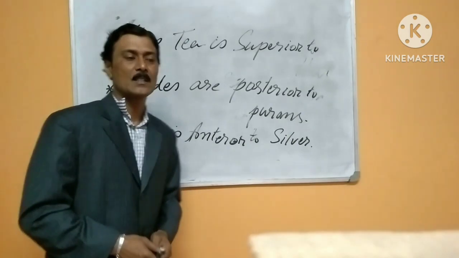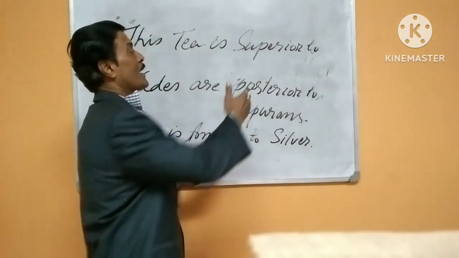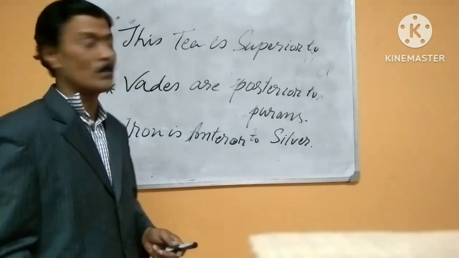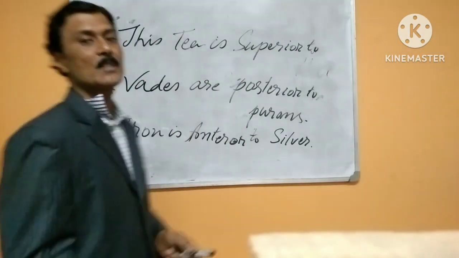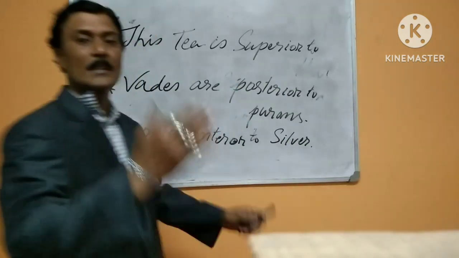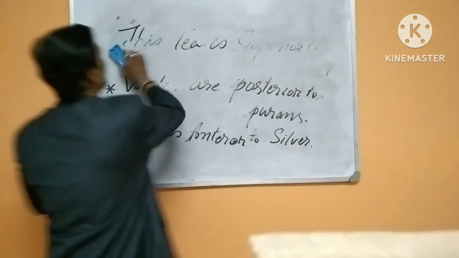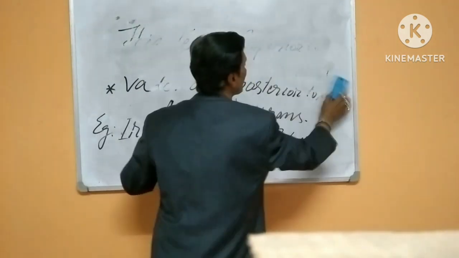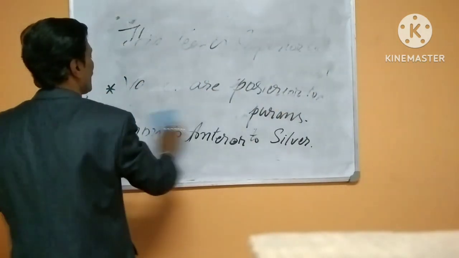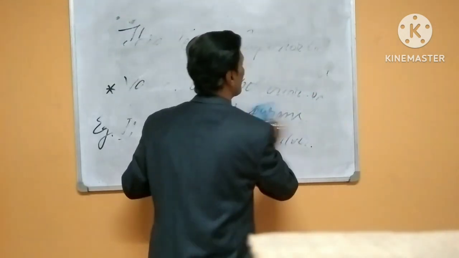Whenever we make a Latin comparative, we don't use than after the comparative words. We use to instead of than. So: superior, inferior, junior, senior, prior, outer, posterior, anterior, major, minor.